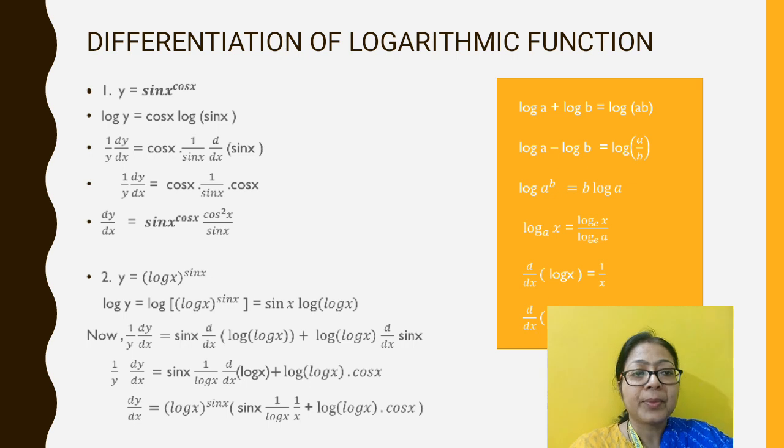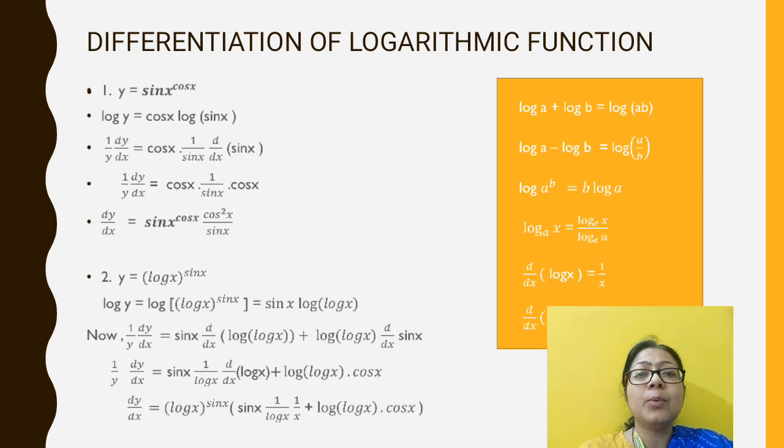Next is number 2, y is equal to (log x) to the power sin x. If we take log on both sides, log y is equal to log of (log x) to the power sin x, so the power comes in front: sin x log of log x.